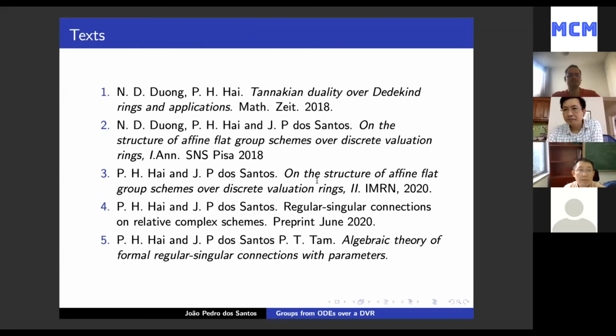Right. I just have a curious question. If you assume the Galois group is somehow nice, for example, reductive or semi-simple, does that say anything about this differential equation? Yeah, the best theorem you get is, for example, the one I mentioned.